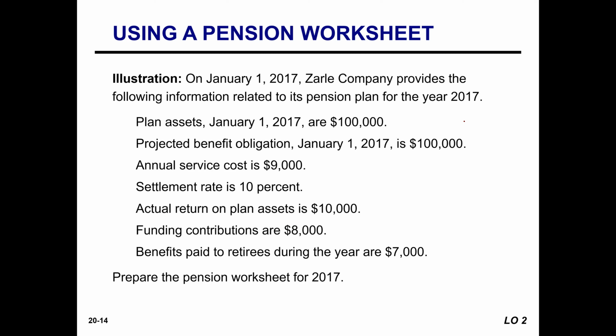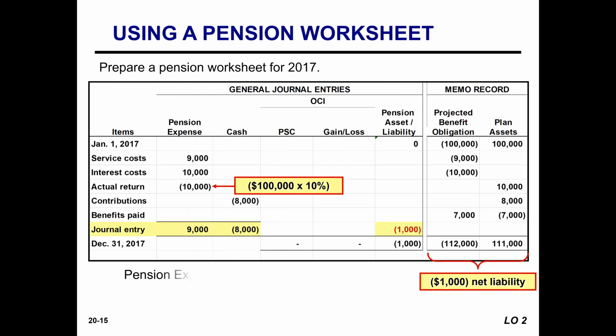The settlement rate is 10%. Actual return on the plan assets is 10,000. Funding contributions are 8,000, and benefits paid to retirees during the year are 7,000. So we can use this information then to prepare the pension worksheet for 2017.